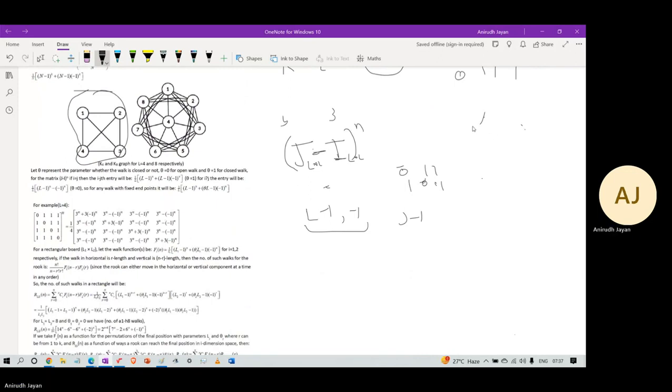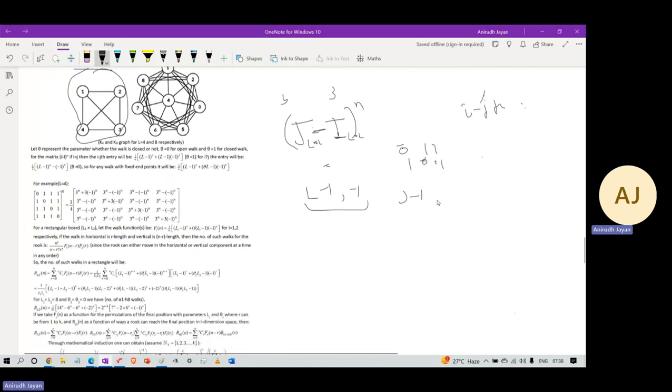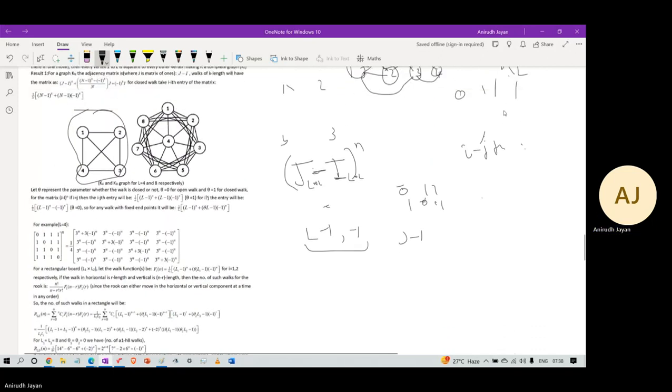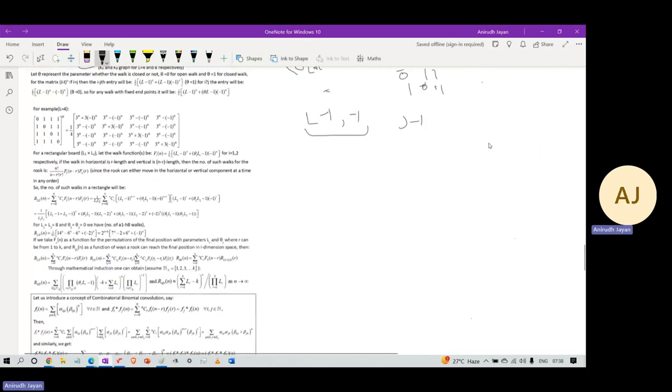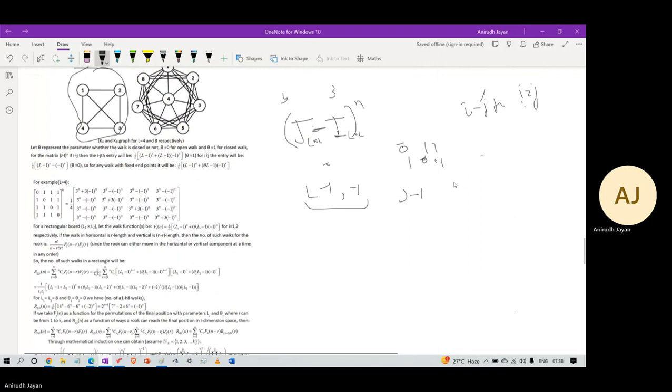So the ijth entry, for i equal to j, will be 1 by L times (L minus 1) power n plus (L minus 1) times (-1) power n.